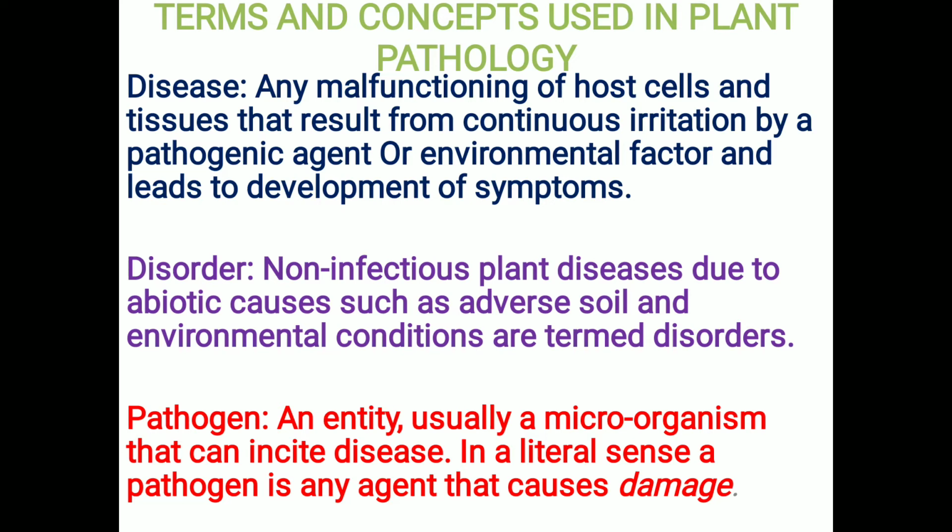For example, increasing the temperature leads to the development of black heart disease of potato. Such abnormalities caused by abiotic agents, or environmental or soil factors, are called disorders.